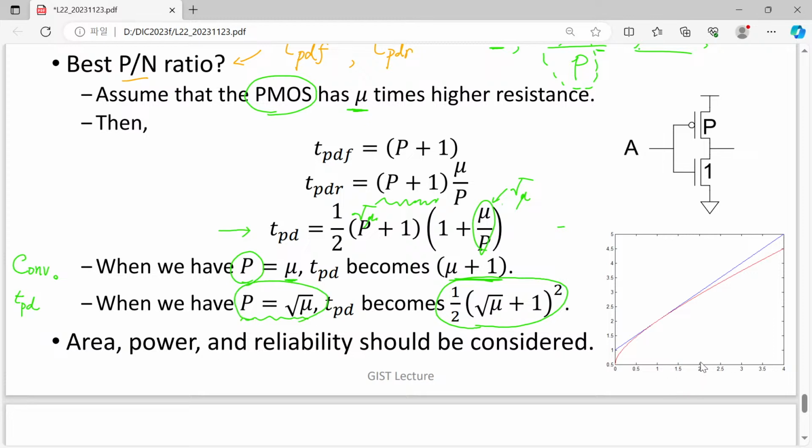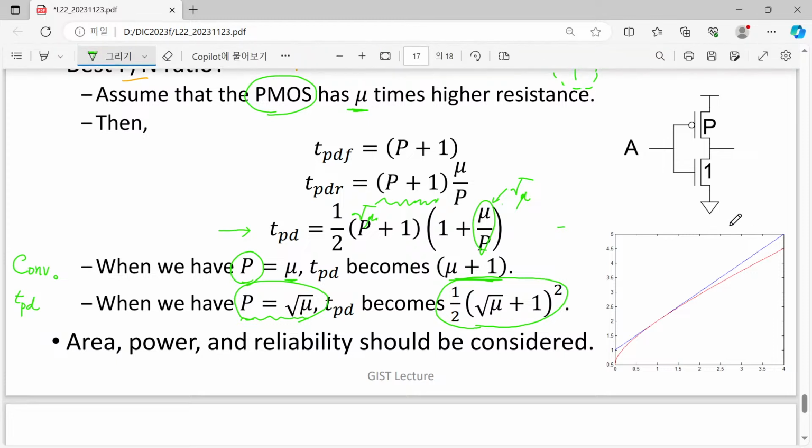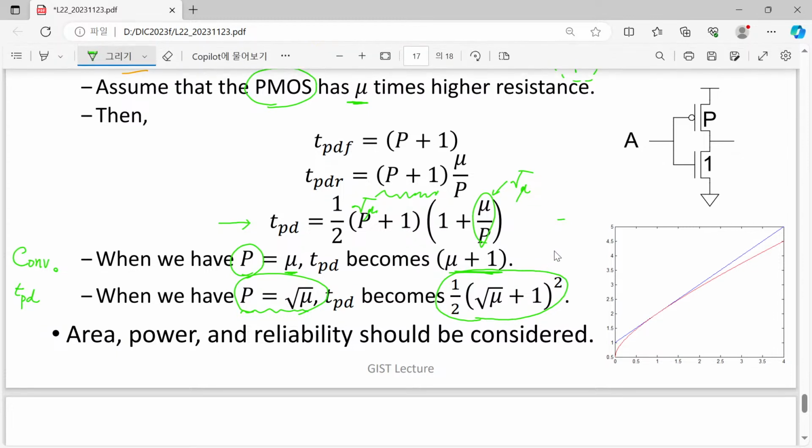So here we have one simple graph showing the propagation delay; the y-axis is propagation delay and the x-axis is the mu value. Then you can see that this one corresponds to the mu plus 1 graph, and this red graph corresponds to the one we can achieve with the minimizing condition.